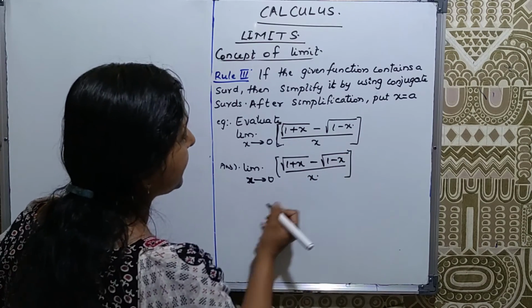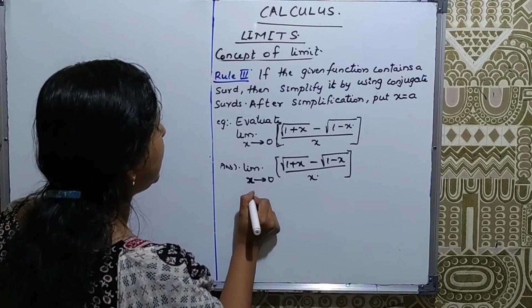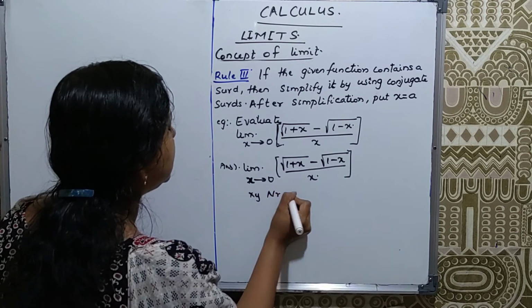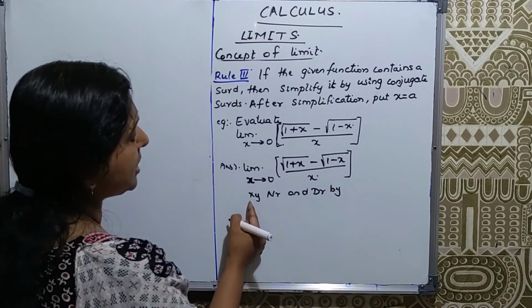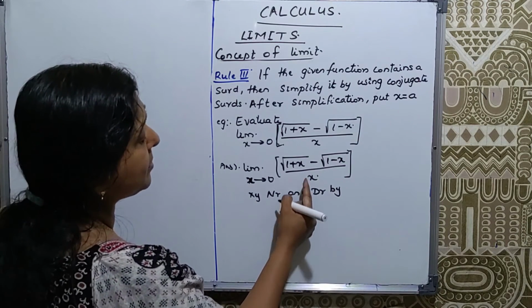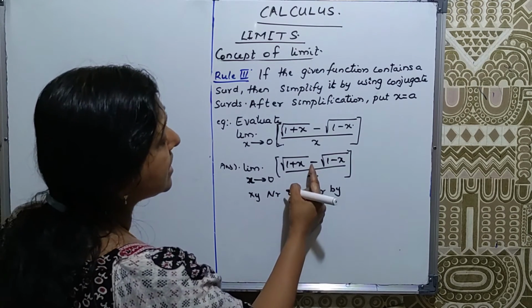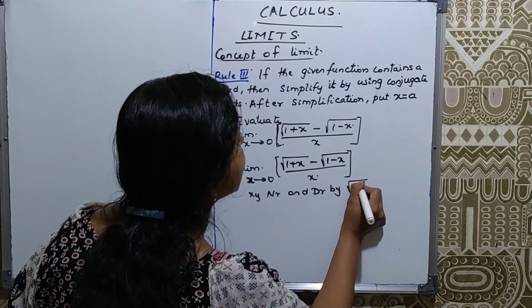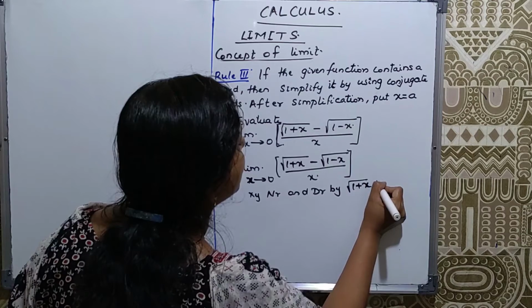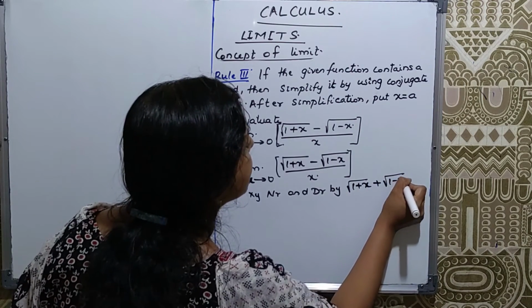That is the question. Now we will multiply numerator and denominator by the opposite sign of this root term. So by root of 1 plus x, middle sign will change, plus root of 1 minus x.